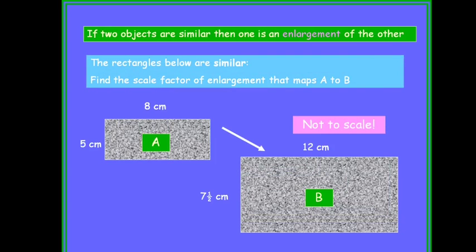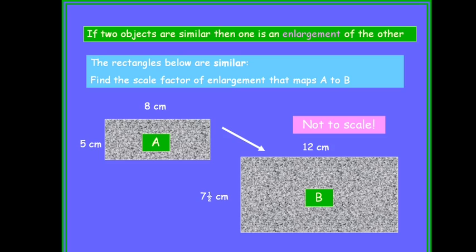Now we will see some more examples to find the scale factor of enlargement. Here again we have two rectangles A and B. The length of rectangle A is 8 centimeters.